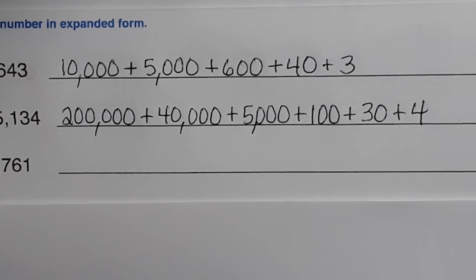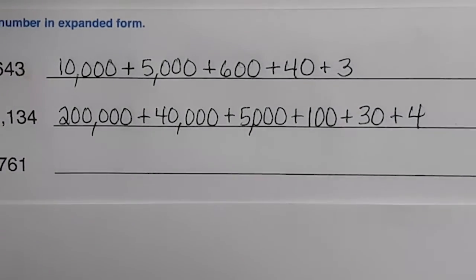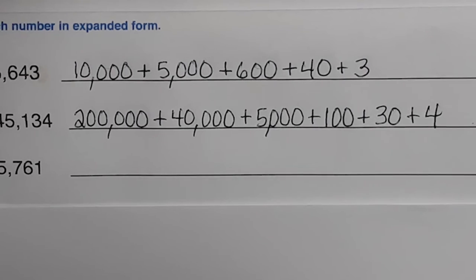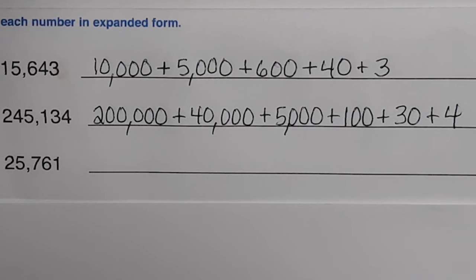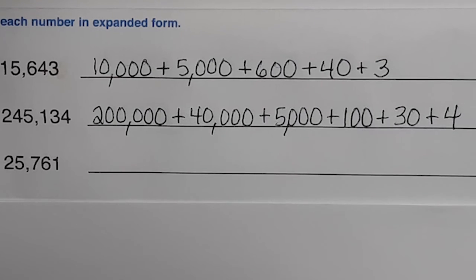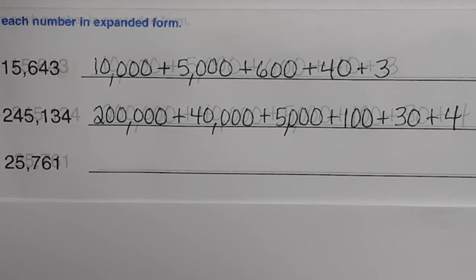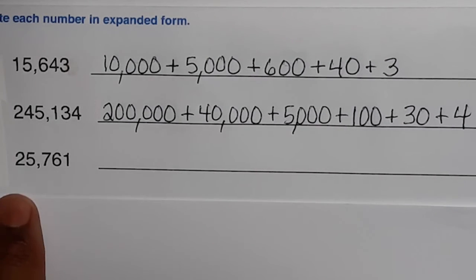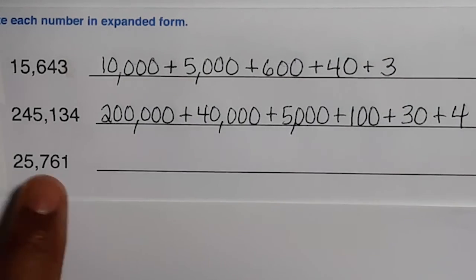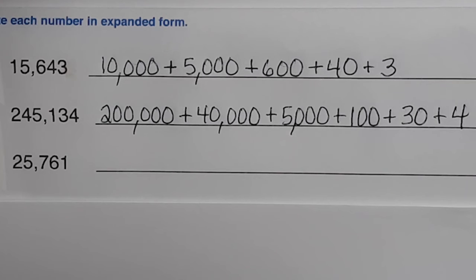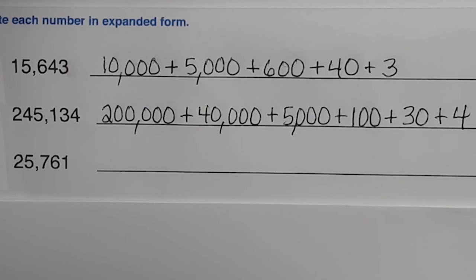So that would be your final answer. 200,000 plus 40,000 plus 5,000 plus 100 plus 30 plus 4 is 245,134. And remember, we're writing it in expanded form.